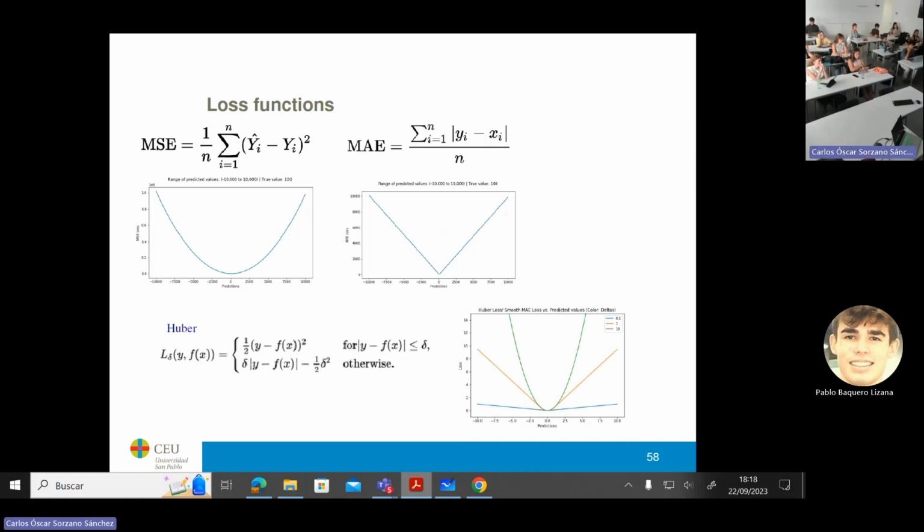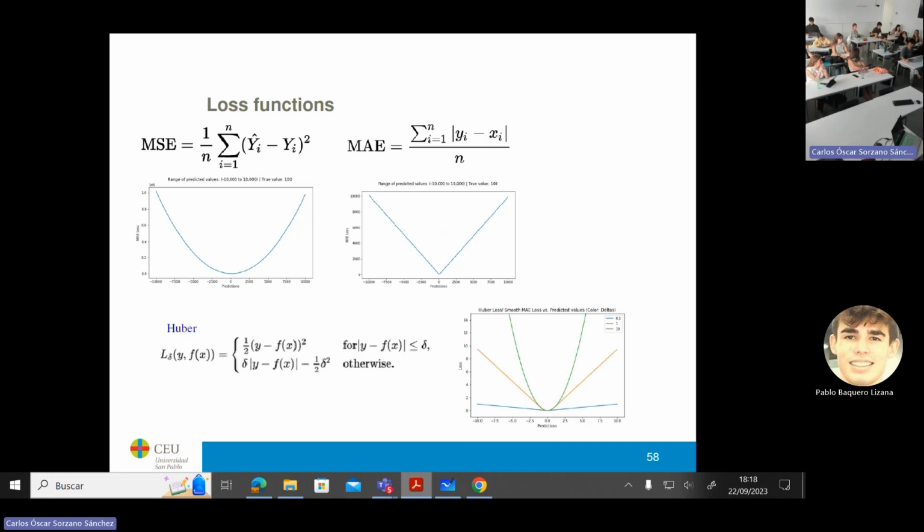But there is a problem. The problem is this function here. As you go away from the observed value, it grows very quickly. This one grows much more slowly. Here you have the different curves on the same scale. This one is growing very quickly as you go away. This one is growing more slowly.